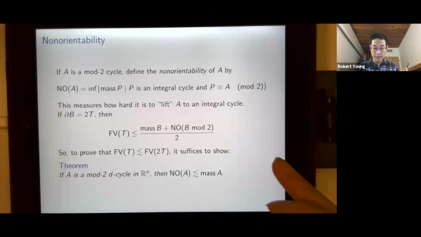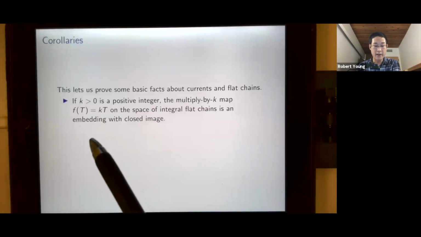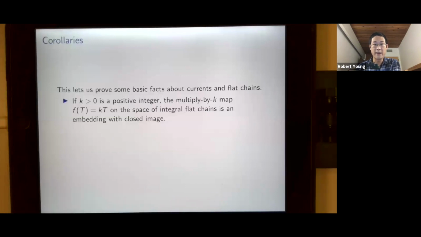Okay, so before I get to how to prove this, I want to just mention a couple of consequences, a couple of corollaries in geometric measure theory, and these are going to look very trivial, but they're not as trivial as they look. As far as we know, you need something like this in order to prove this. So for instance, if k is a positive integer, this lets you show that the map f of t equals kt on the space of integer flat chains is an embedding with closed image.